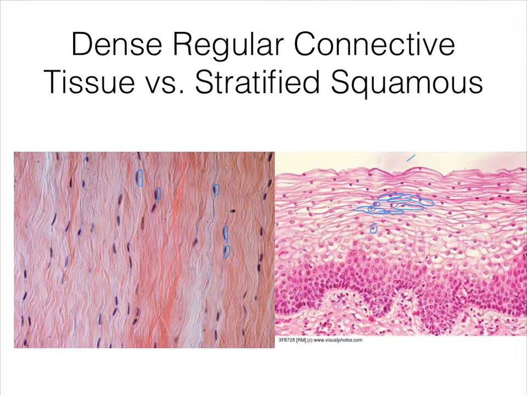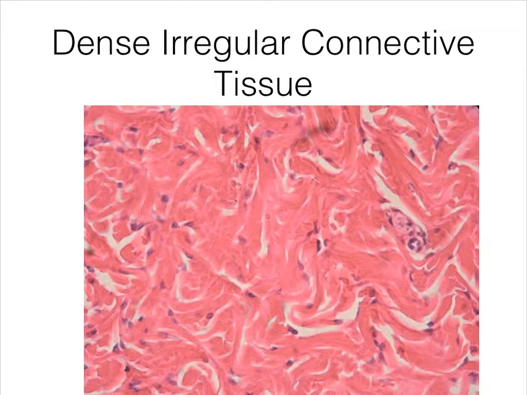Whereas here we will see interspersed nuclei with mostly lots of fibrous tissue going down. Dense irregular connective tissue has, again, thick collagen fibers, but instead of all going the same direction, they're going to be going kind of at random directions and squiggling, and some of them will be coming out at you, so you'll see a cross-section of them.